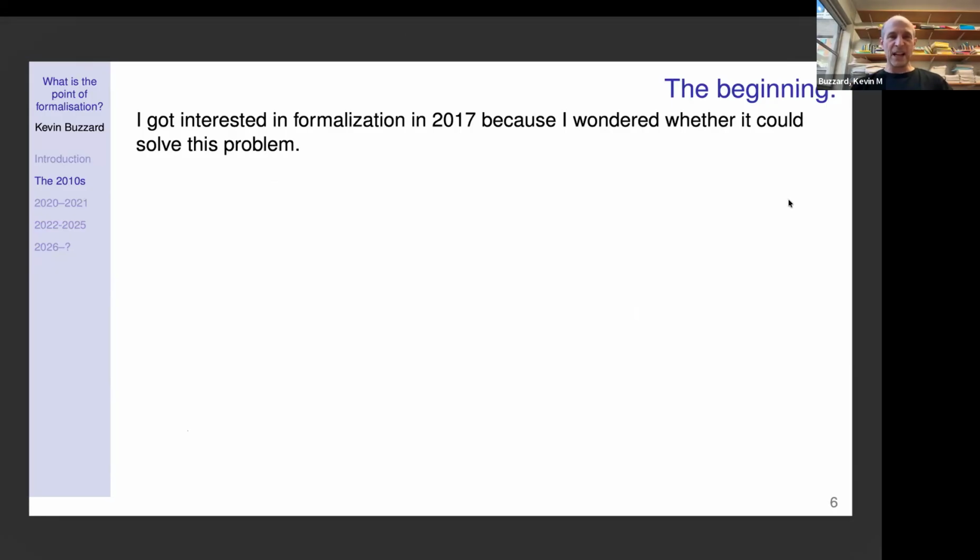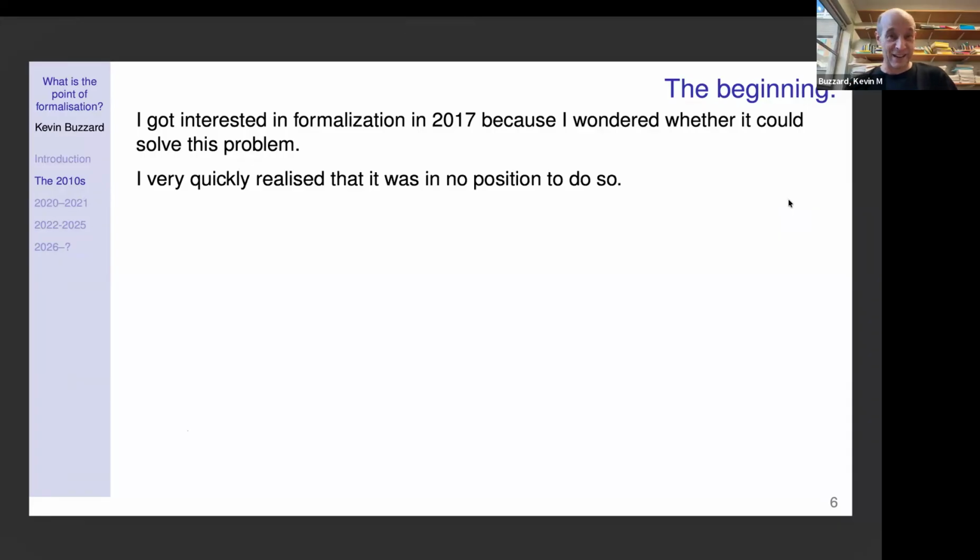And I'd read this thing in the AMS from 2008 about these theorem provers. So I reread that journal article; there was a special issue of the Notices about this stuff a long time ago, 2008, 2009. So I started wondering whether these tools could help solve this problem that I was worried about.